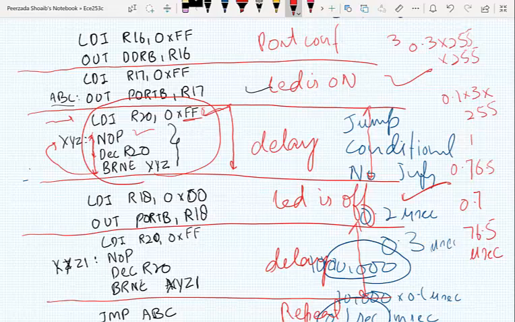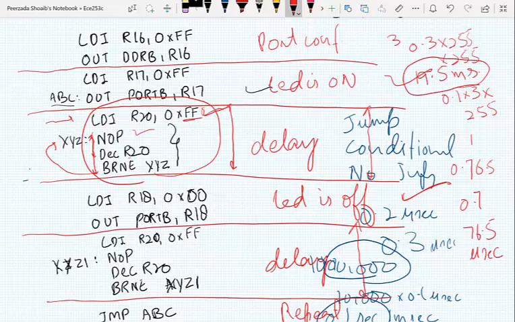The maximum time delay we can incorporate using two loops is 0.3 multiplied by 255 multiplied by 255 microseconds, and that amounts to approximately 19.5 milliseconds.